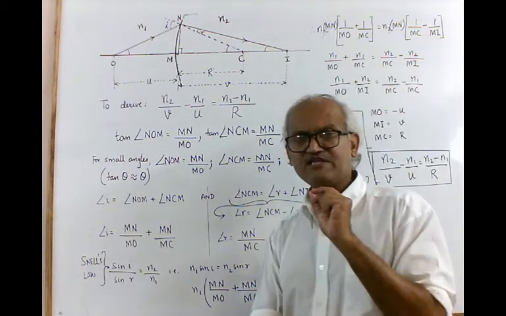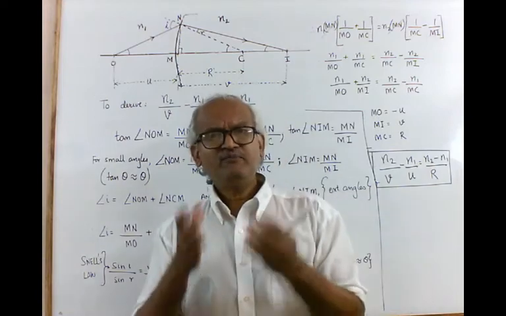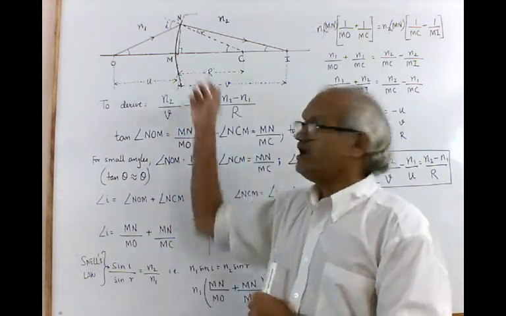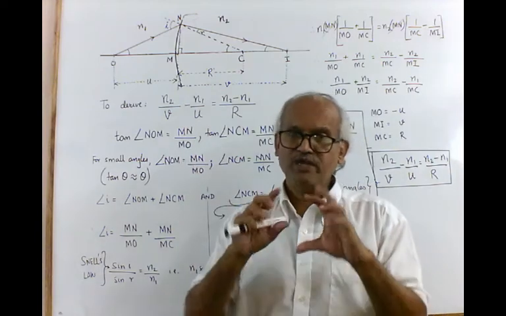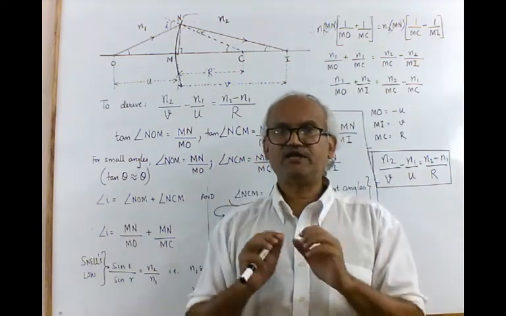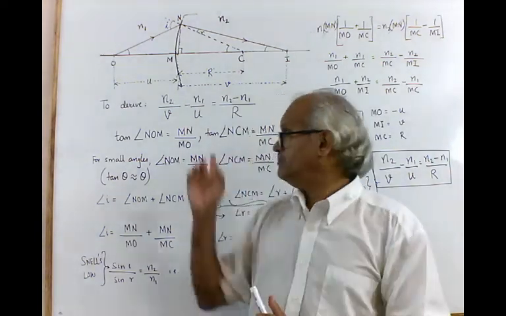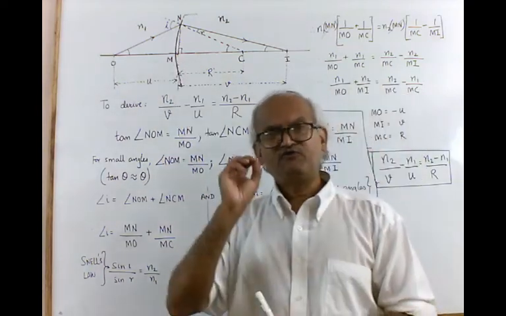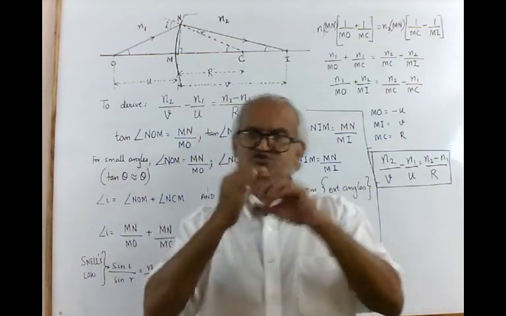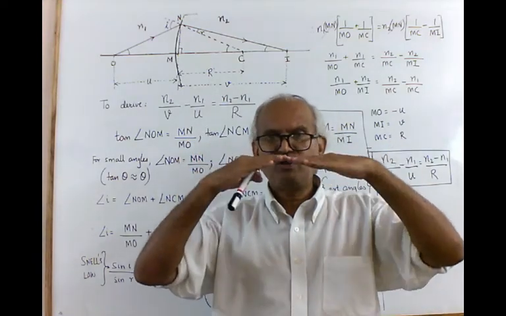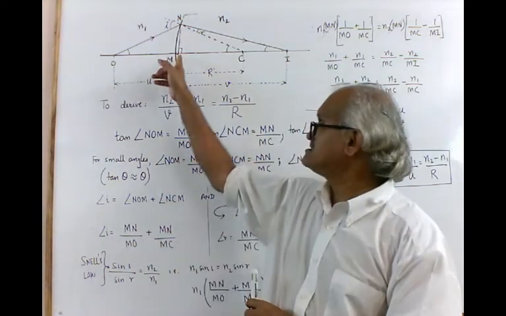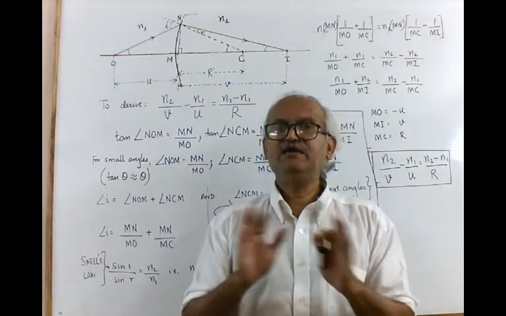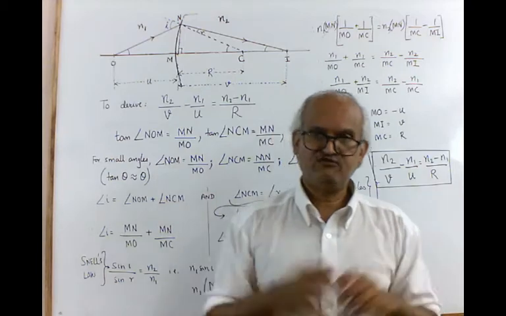Now, let me say one point over here. When we make all these different approximations and assumptions, we are doing this in order to make our mathematics and geometry a little easier. But in real life, there will be a little distance. But for all practical purposes, for small angles and for small or paraxial rays, this is so small a difference that it does not really make any difference in actual practical life also.